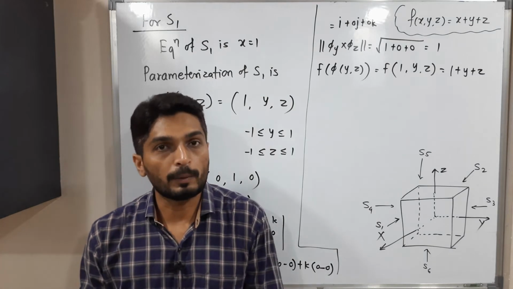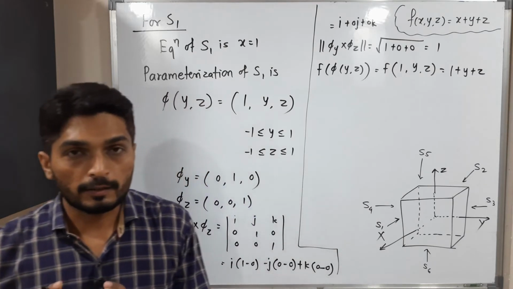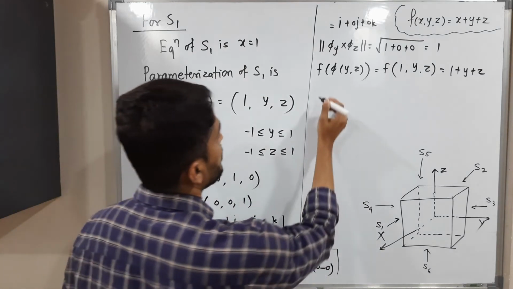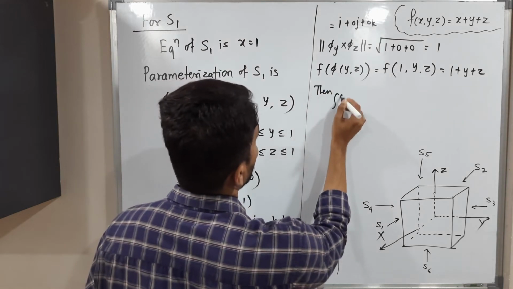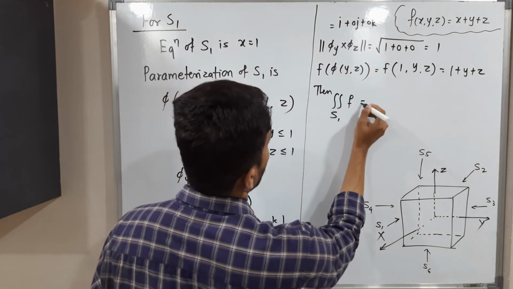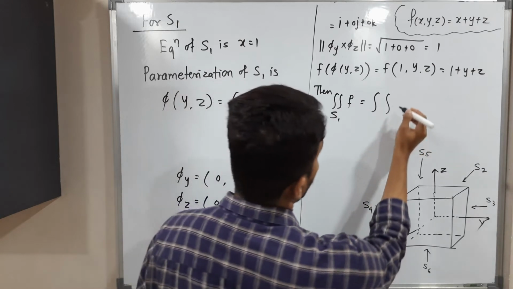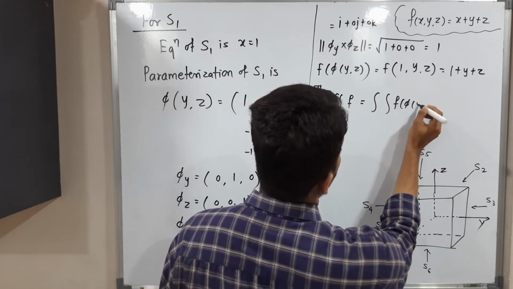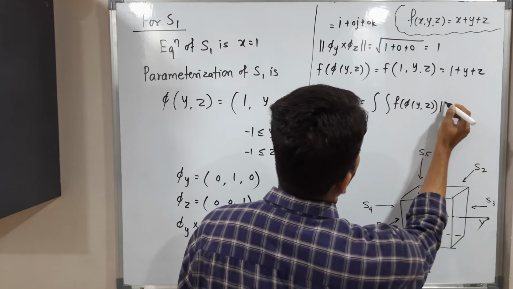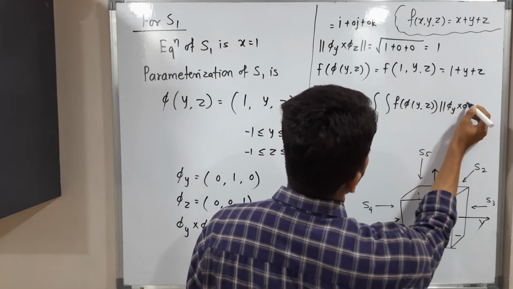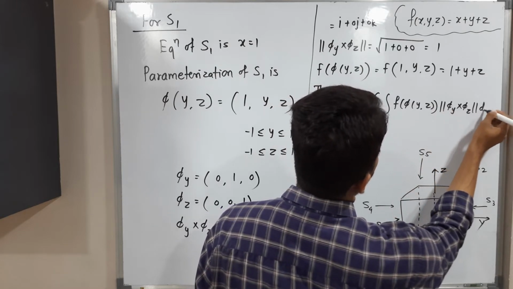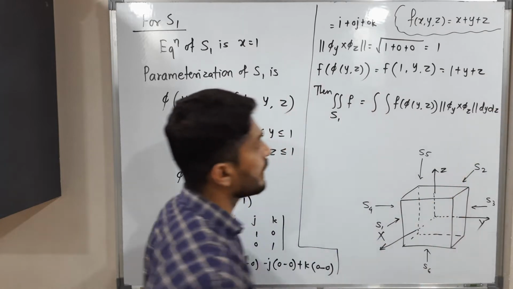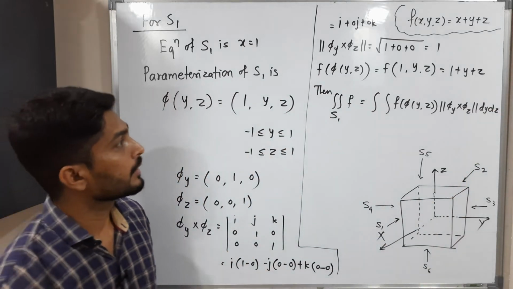So simply we have to apply the definition of the surface integral of a scalar field. Let me write the double integration of f over S1. The definition says double integration of f of phi of yz times the norm of phi y cross phi z, dy dz, since now we have two variables y and z.